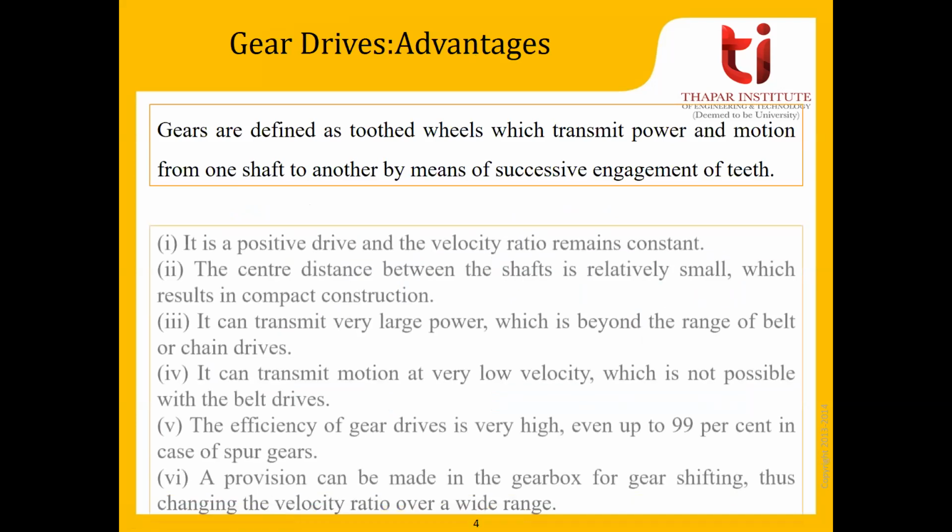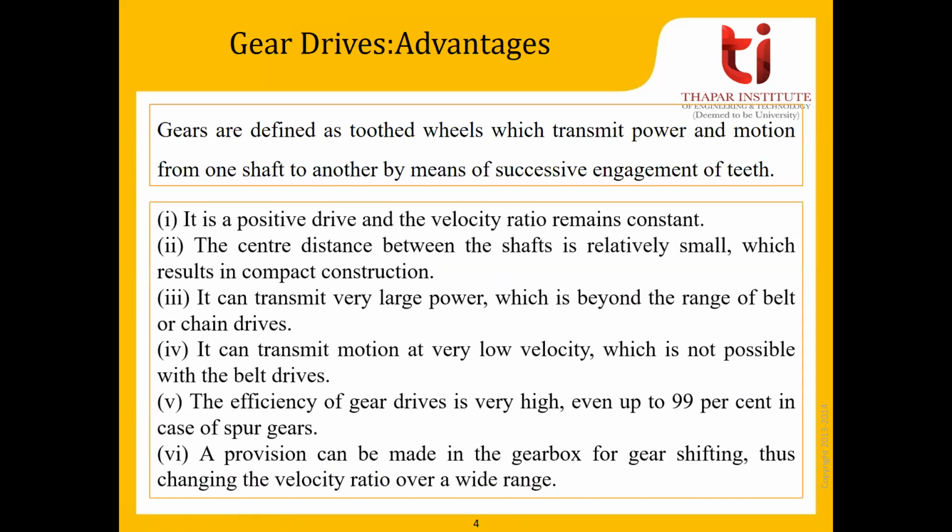Now we can discuss the advantages of gear wheels over belt and rope drives. A gear wheel is defined as a tooth wheel which transmits power and motion from one shaft to another by means of successive engagement of teeth. Obviously, it is a positive drive and the velocity ratio remains constant.